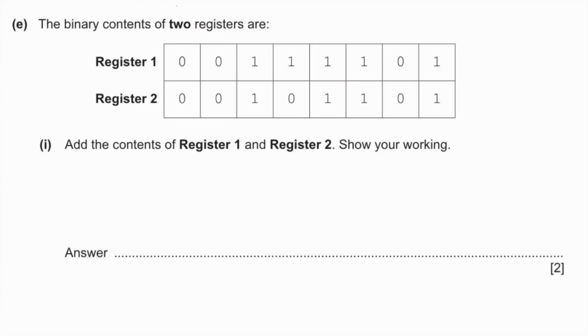So now let's take a look at another slightly different example, or rather an example in a different format, but it's actually following the same methodology and is the same problem. Anyways, we have the binary contents of 2 registers right here. They're both 8-bit registers. And the question is asking us to add the contents of register 1 and register 2.